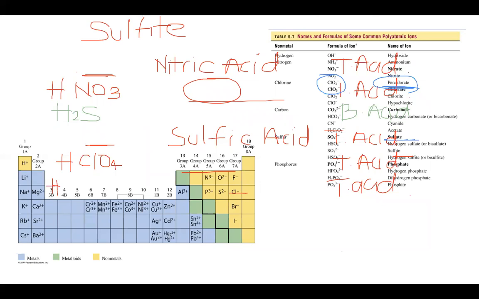Okay, so if I search for sulfite, where is it? Here it is, and I will point it out with blue. Sulfite is here. Sulfite is SO3 with a charge of -2. And that SO3 with a charge of -2 is what I have to write in the formula.